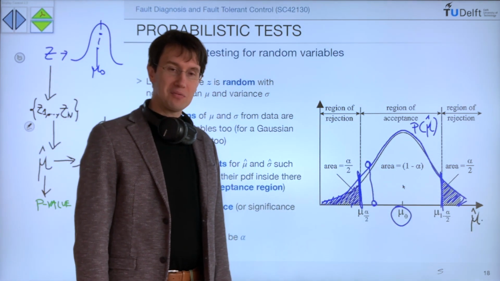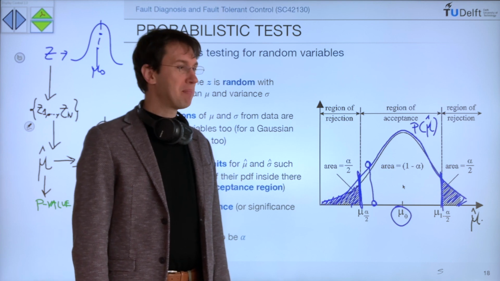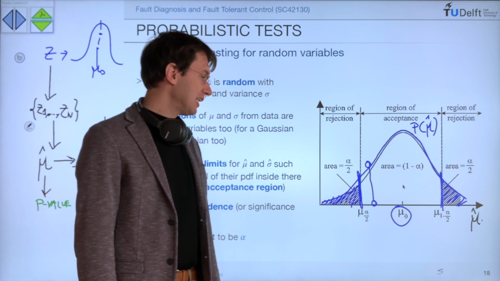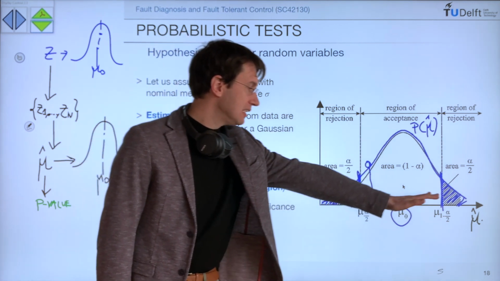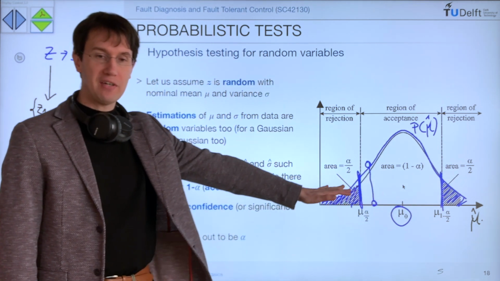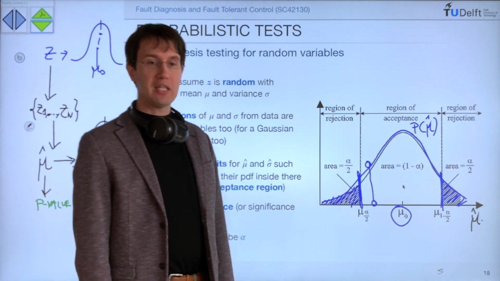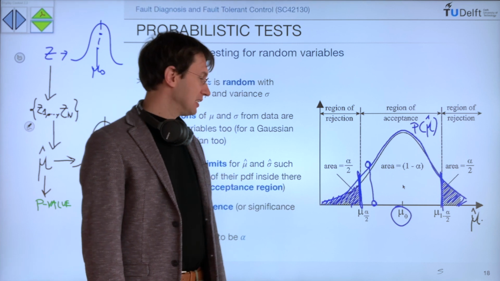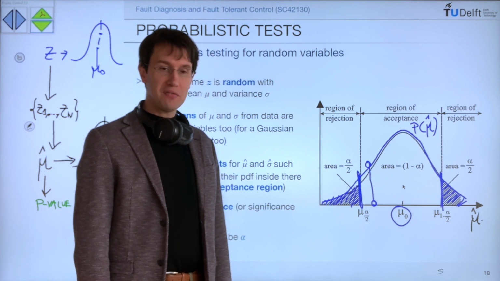So what is making a bit tricky the definition of the p-value in this case is that if you look at this test as we define it, this is what is called a two-tailed test. So you are looking here at two different tails.